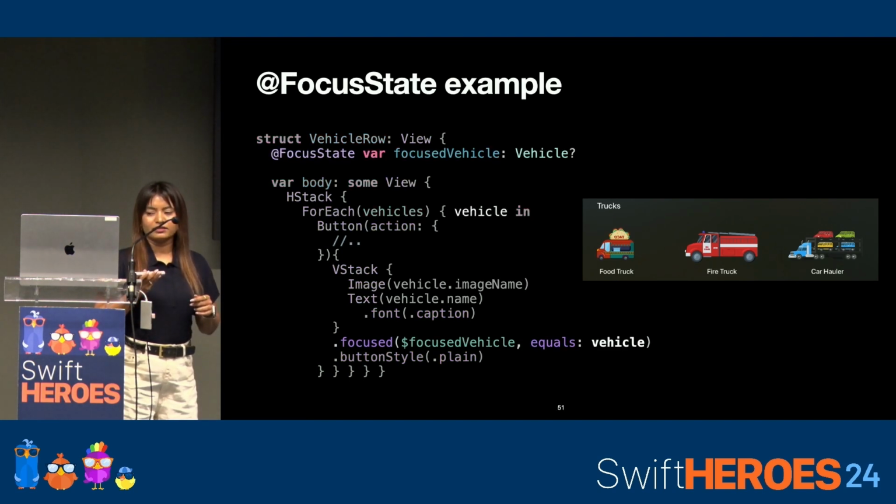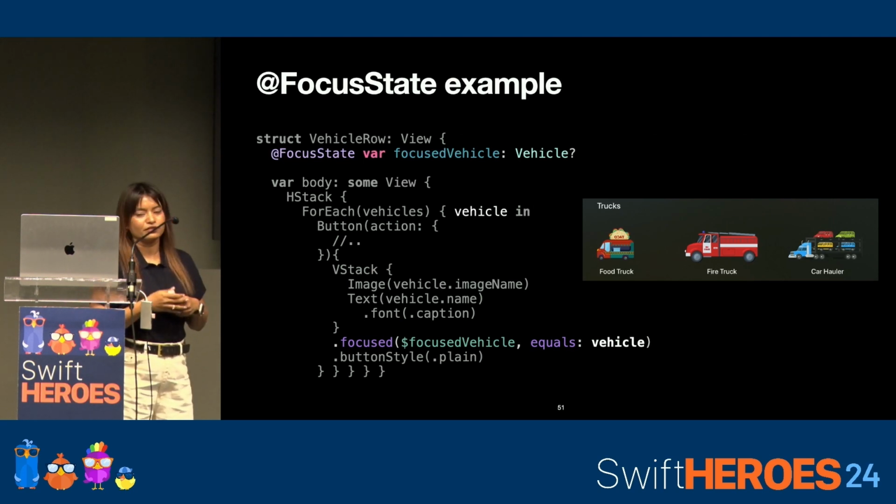Looking at the important part of the code, I've changed the Boolean type to Vehicle. So now this variable is of type Vehicle. Note that it's an optional. It has to be an optional because if focus moves out of your view, it will be set to nil, and if you don't have it as an optional, your app is going to crash. So keep that in mind.